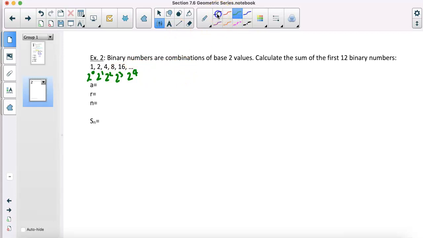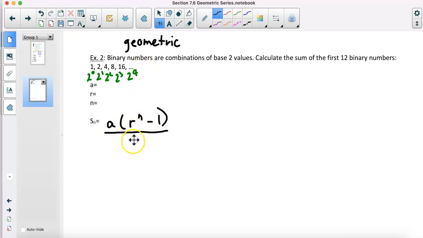Once again, the sum is equal to a, and it's geometric because to get from 1 to 2, we multiply by 2. 2 to 4, we also multiply by 2, and so on. Because we know it's going to be geometric, we can look at this equation, r to the n minus 1, over r minus 1.